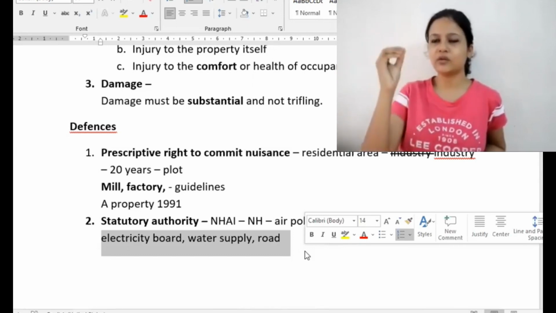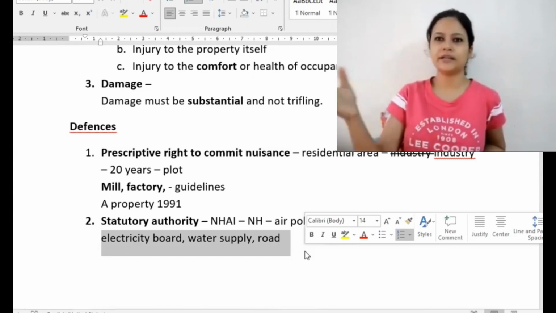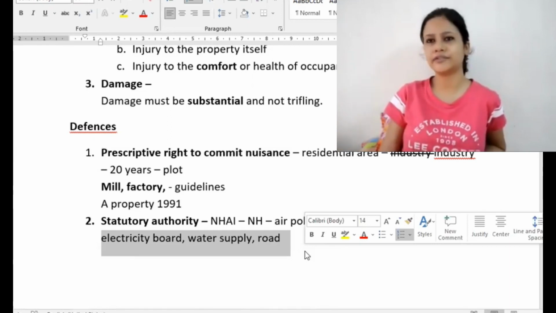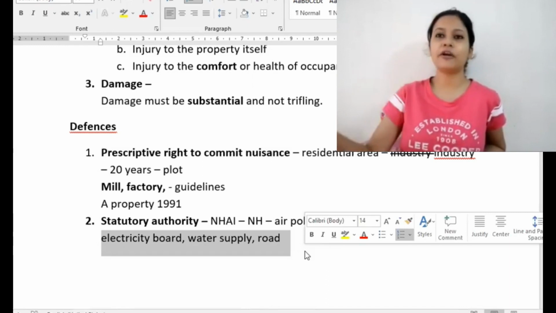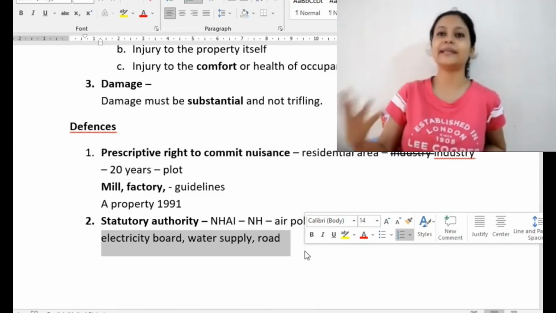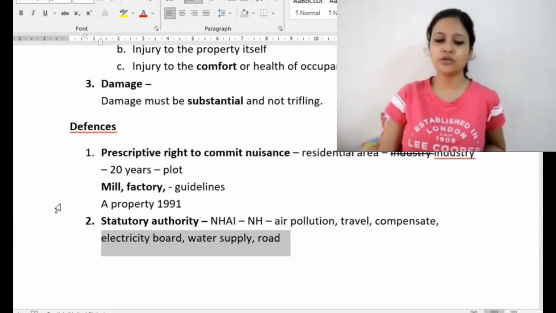Why? Because they do not want electricity to be interrupted because of your tree. There you cannot say, no, don't cut these trees, I want to eat mangoes when it grows. You cannot say that, because it is needed for public good. Rather than you eating mangoes, what is important is the entire locality getting electricity, right? So those will also fall under statutory authority.